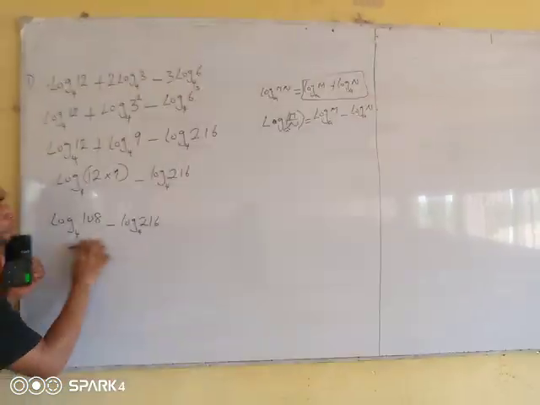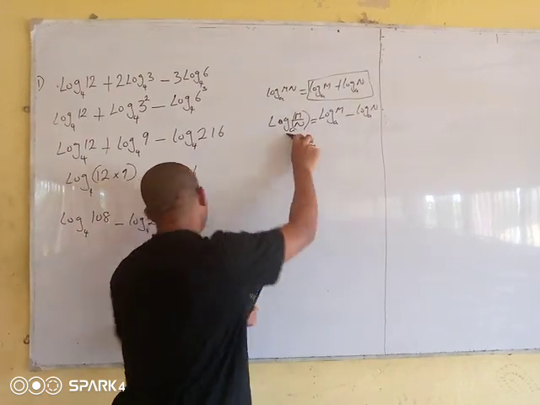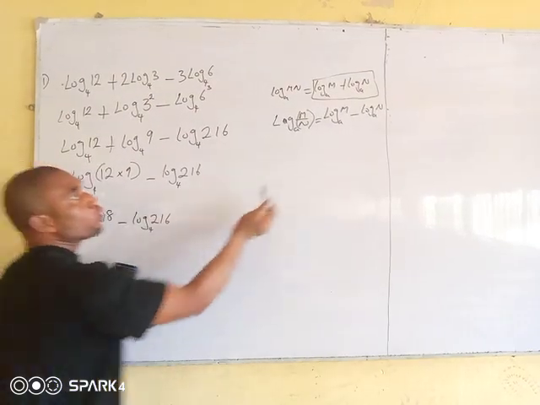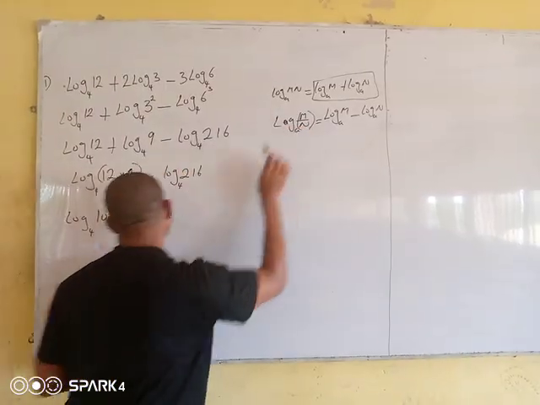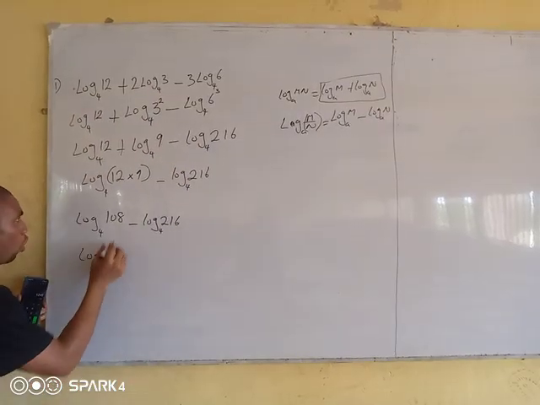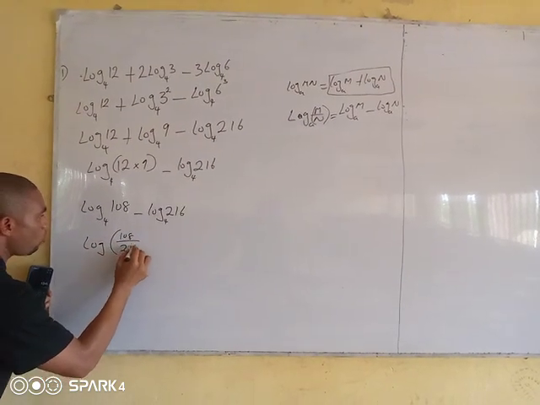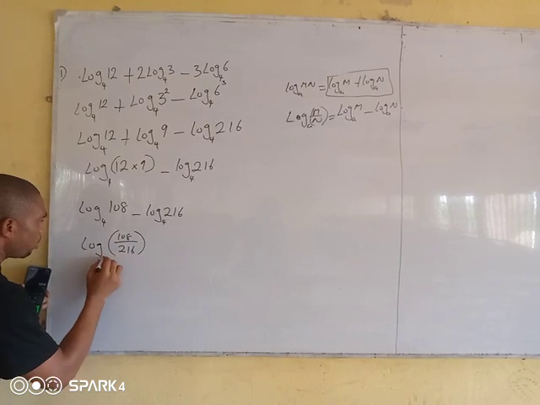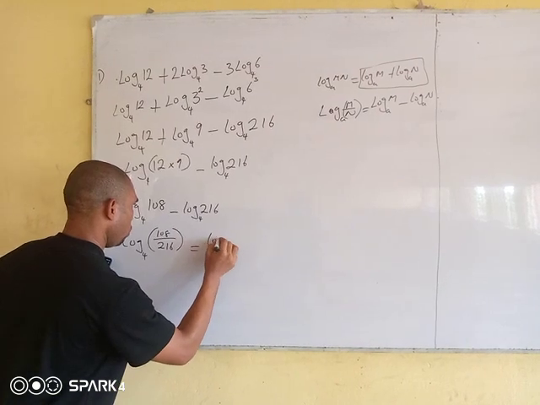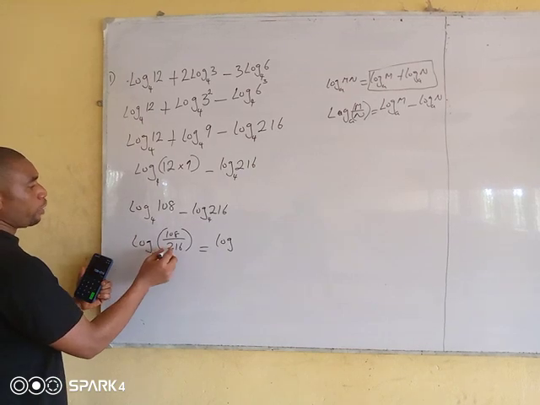Now, this expression is in this form. I have to return it back to this form because in this form I cannot solve, but in this form I can forge ahead. Now look at what I mean. Provided the bases are the same, you pick the base out. I have log 108 divided by 216 base 4, which is equal to log 108 over 216.